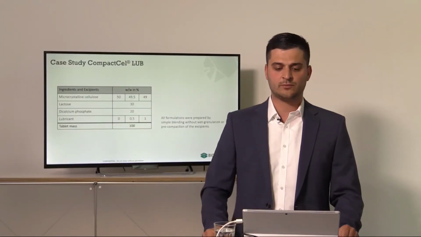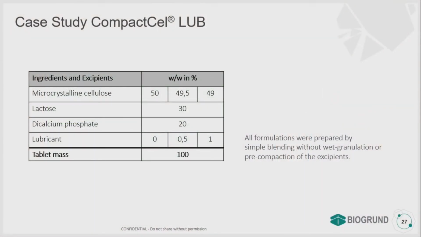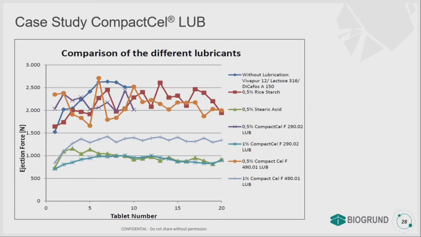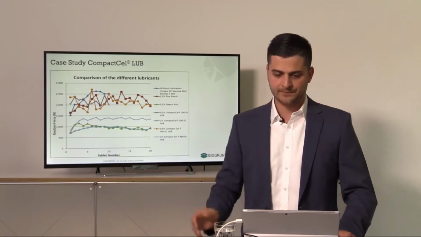The composition was mainly filler MCC and no active has been used here. We have done one formulation without any lubricant just for comparison reasons. The ejection force here is plotted against the tested tablets, so the number of tablets is here below.